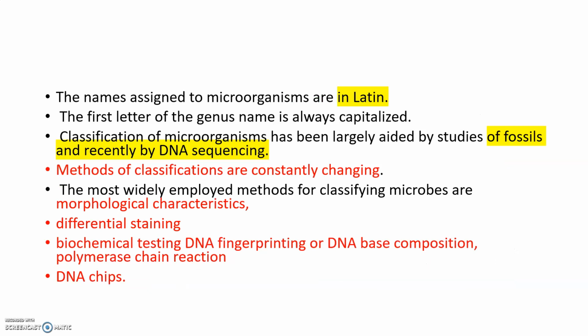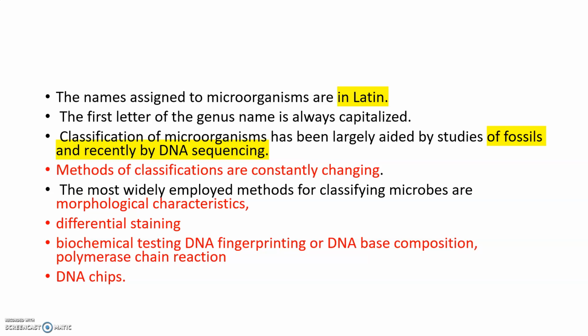The names assigned to microorganisms are always in Latin. The first letter of the genus should always be a capital letter. First the genus, then the species. Genus should be in capital letter, and species always in small letter.